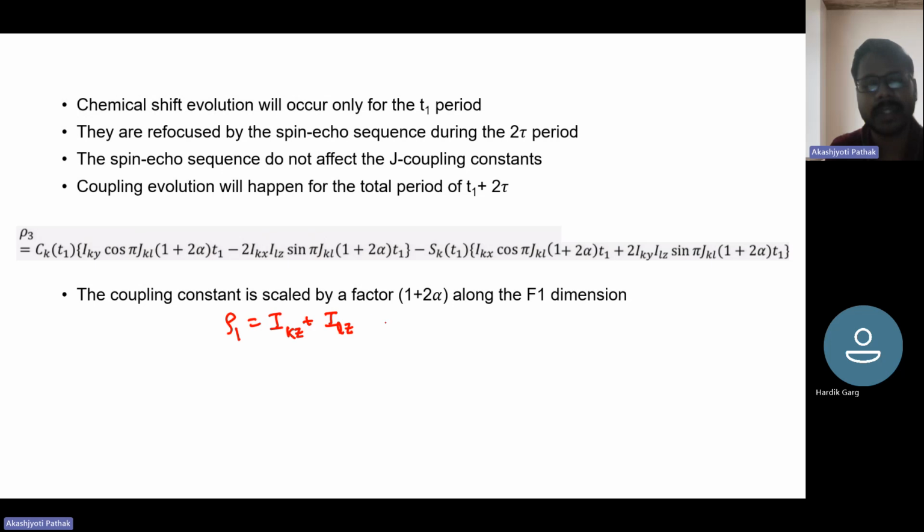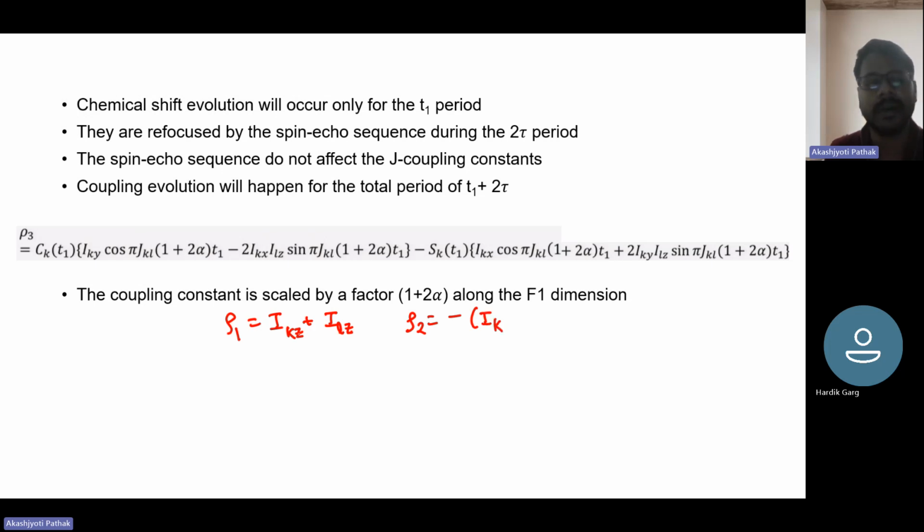Now, after the application of this 90-degree X pulse, at time point 2, what will rho 2 be? Once this 90-degree X pulse is applied, it will cause the magnetization to shift to the transverse XY plane. So the product operator at time point 2 can be written as minus IKY.